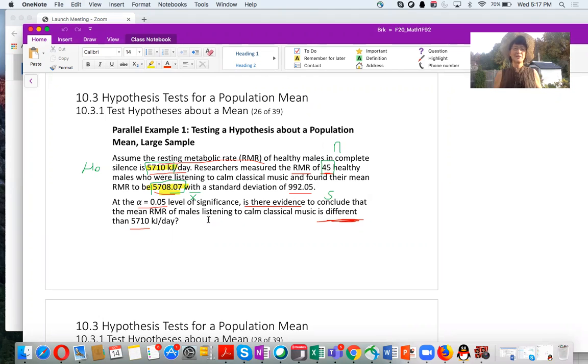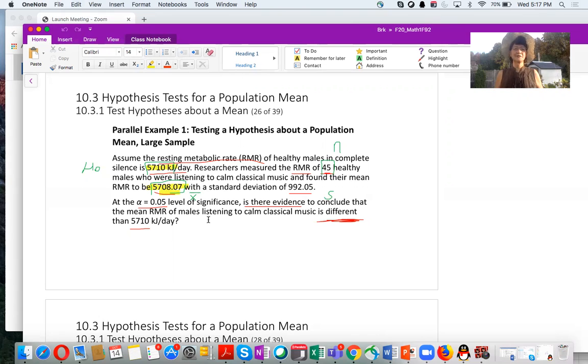This example is about resting metabolic rate, RMR, of healthy males in complete silence is 5,710. Researchers measured RMR of 45 healthy males who were listening to calm classical music and found the mean RMR to be 5,708.07 with a standard deviation of 992.05.